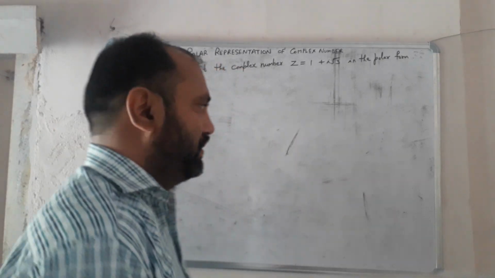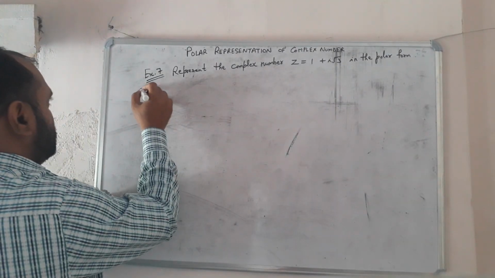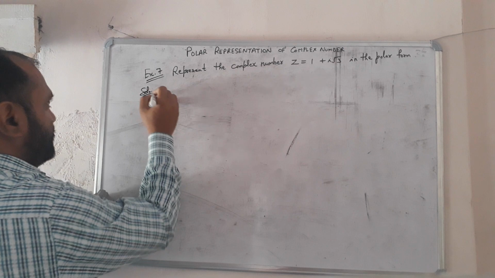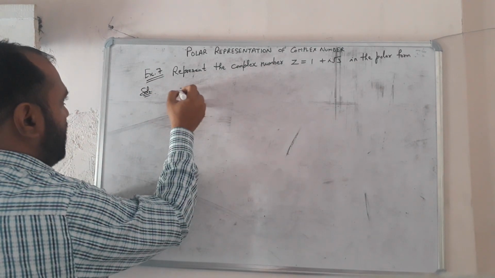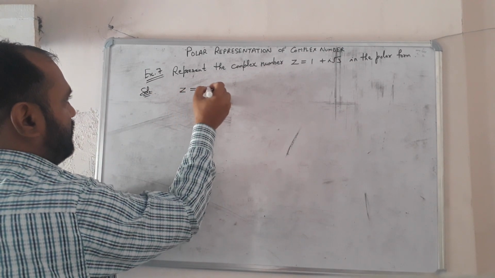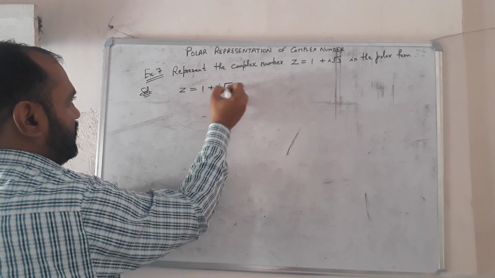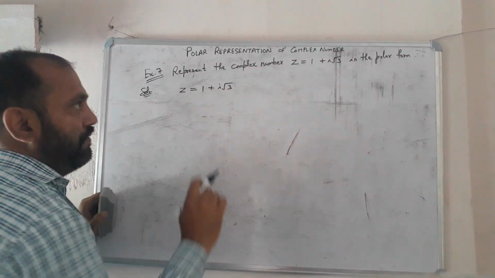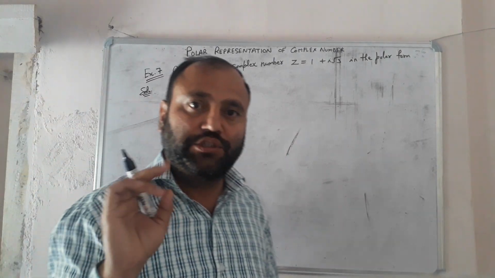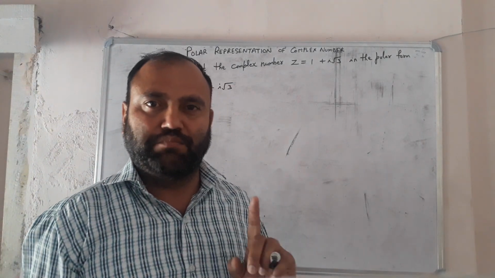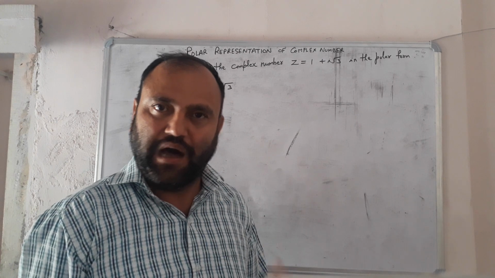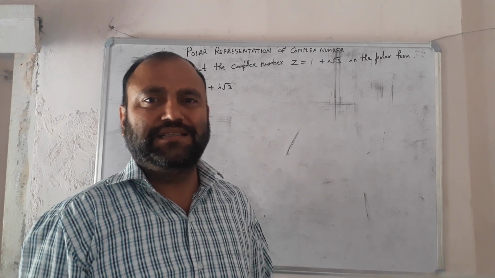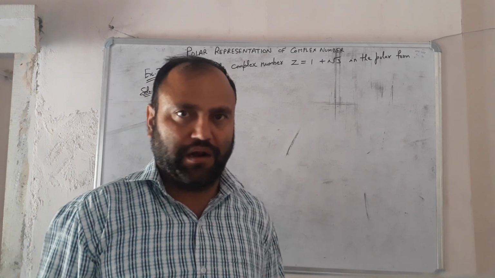So let us solve it. First of all, you have to write z is equal to 1 plus iota root 3, right? So we have to find two things. One is modulus, that is r, and other is theta, that is called argument.